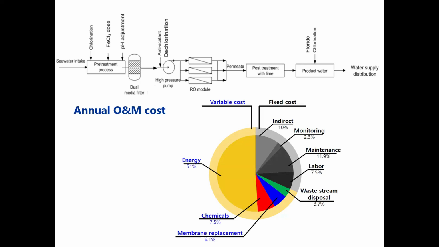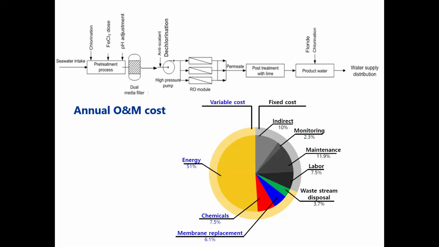Every day you have to spend 250,000 multiplied by $1.2. How much for the desalination plant every day?